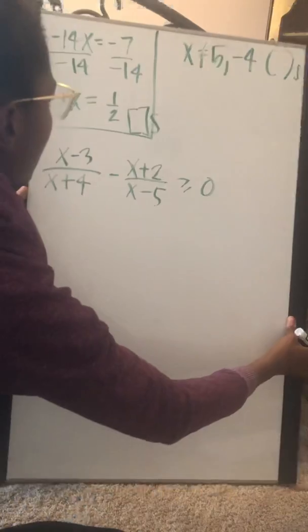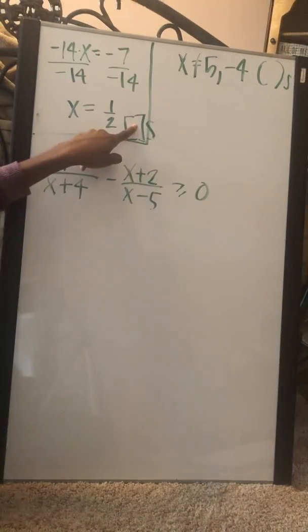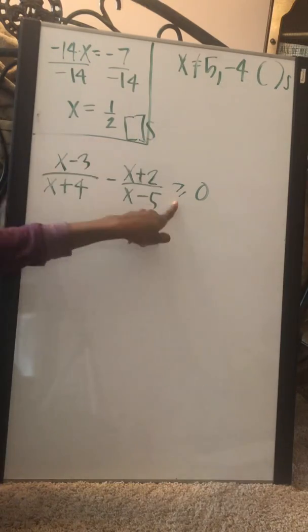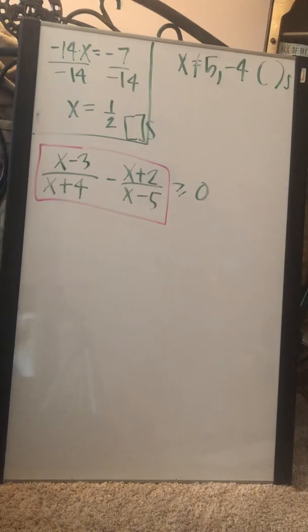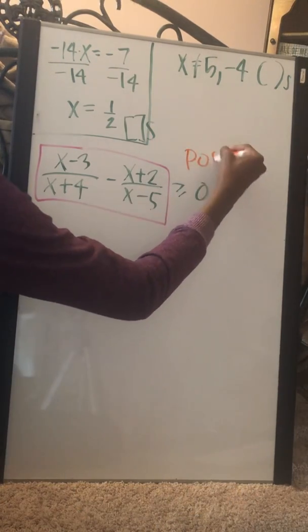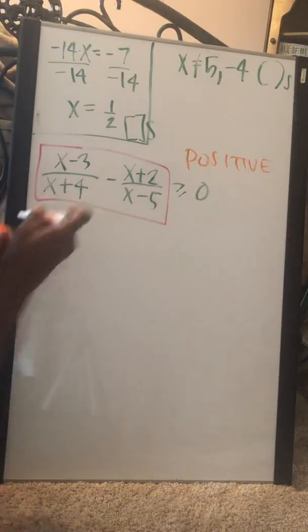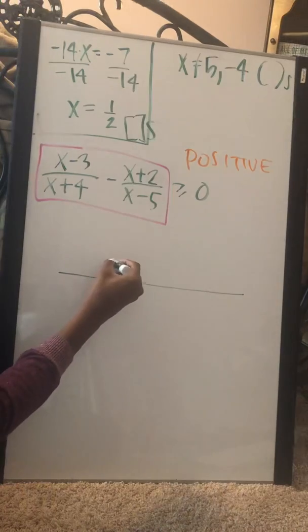So all I've done is written what we found previously, and then I added brackets here because of our interval, okay? Again, this box right here says that it's greater than or equal to 0, so that's going to be positive values only. So now we draw our line and we add all of our critical values.